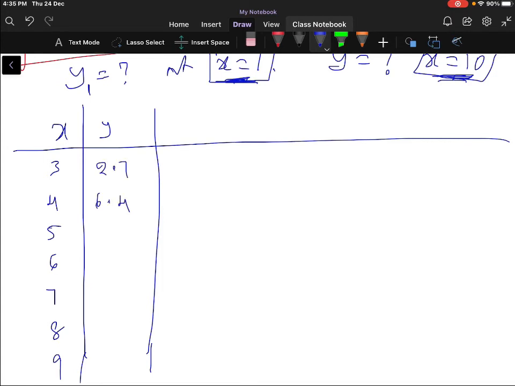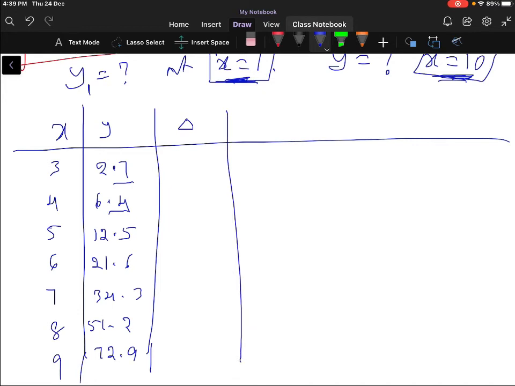The corresponding y values are 2.7, 6.4, 12.5, 21.6, 34.3, 51.2, 72.9.